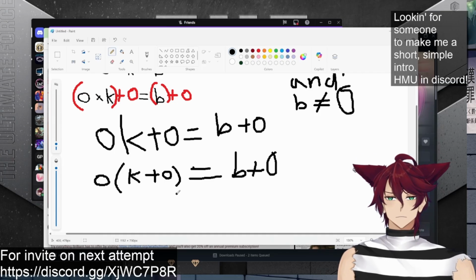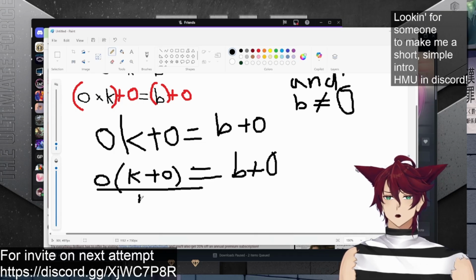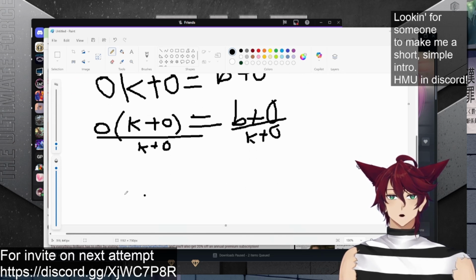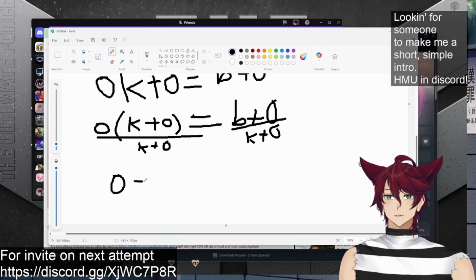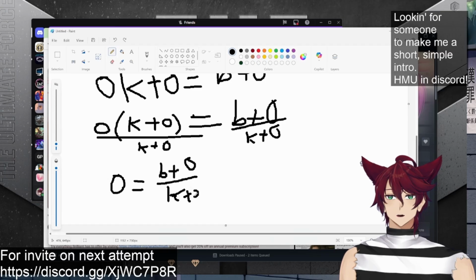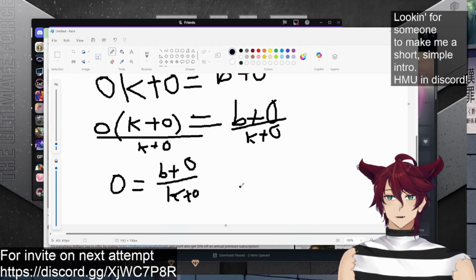Let's try this. Let's divide both sides by k plus 0 and k plus 0. And so we have 0 equals b plus 0 over a plus 0. Looks a little too much like a 6. There we go.